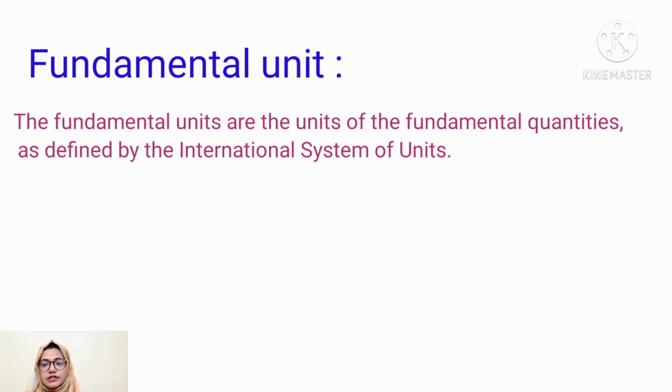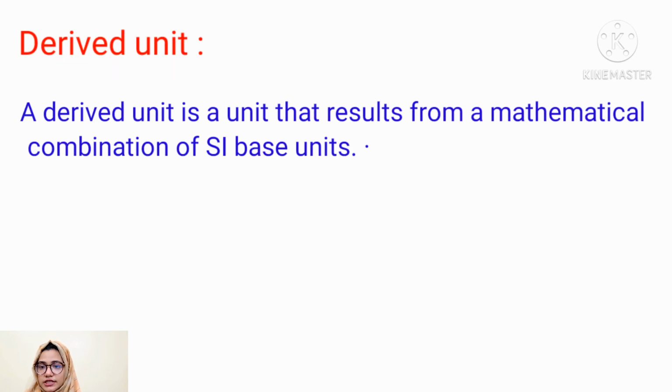On the other hand, derived units are all those units which are obtained by multiplying and/or dividing one or more fundamental units with or without introducing any other numerical factor. Dear students, now I will tell you how to differentiate between fundamental units and derived units.